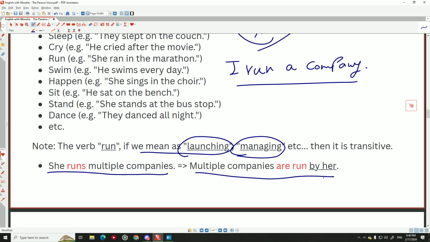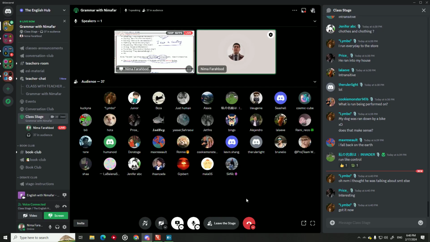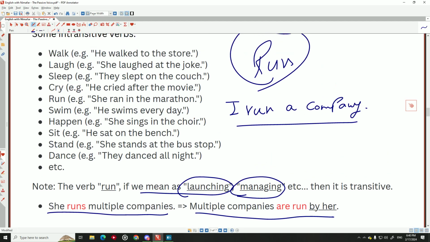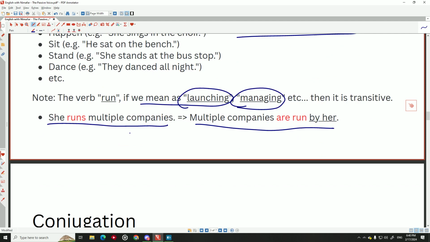Here, it doesn't mean she walks fast, she sprints, she jogs. No, it means she controls. She is a CEO of multiple companies. So it depends on the meaning. If you mean sprinting, intransitive. If you mean launching, managing, transitive.